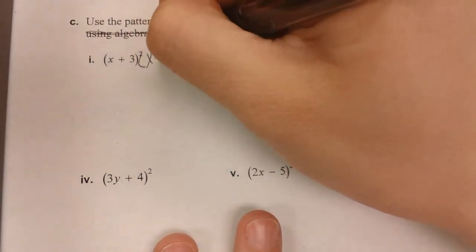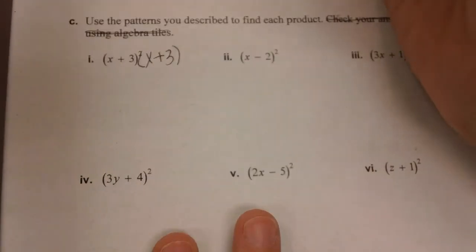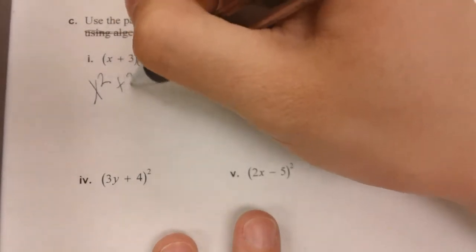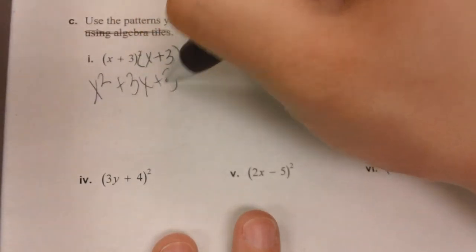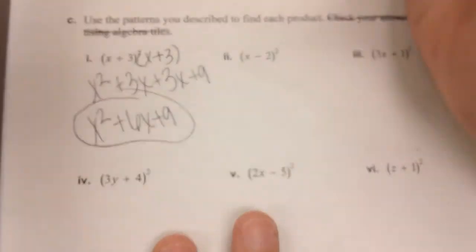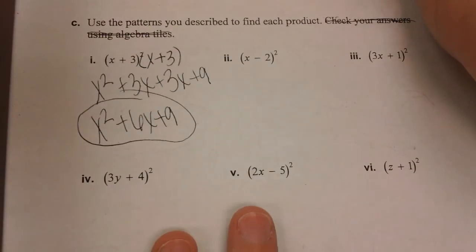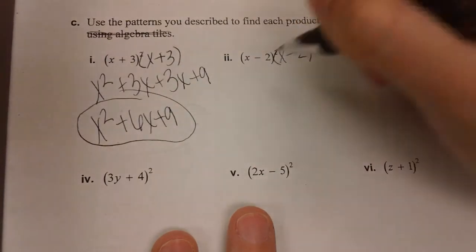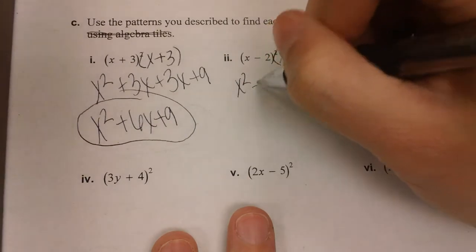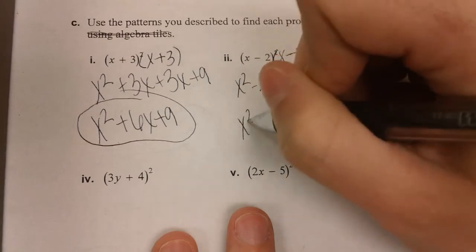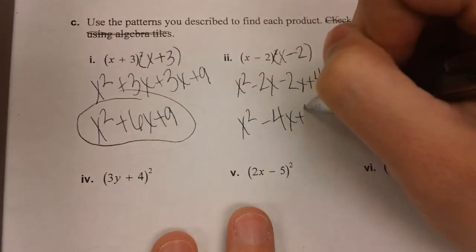If I were you, I would just write this out right next to it. x times x is x squared, x times 3 is 3x, 3 times x is 3x, 3 times 3 is 9, so I end up with x squared plus 6x plus 9. It's not that much slower to just multiply it out. So here I have x squared minus 2x minus 2x plus 4, x squared minus 4x plus 4.